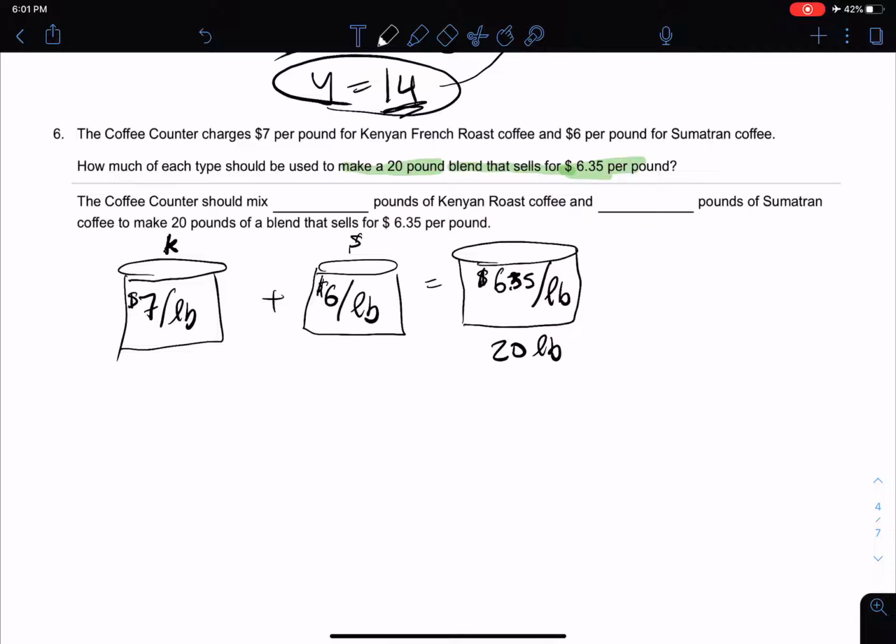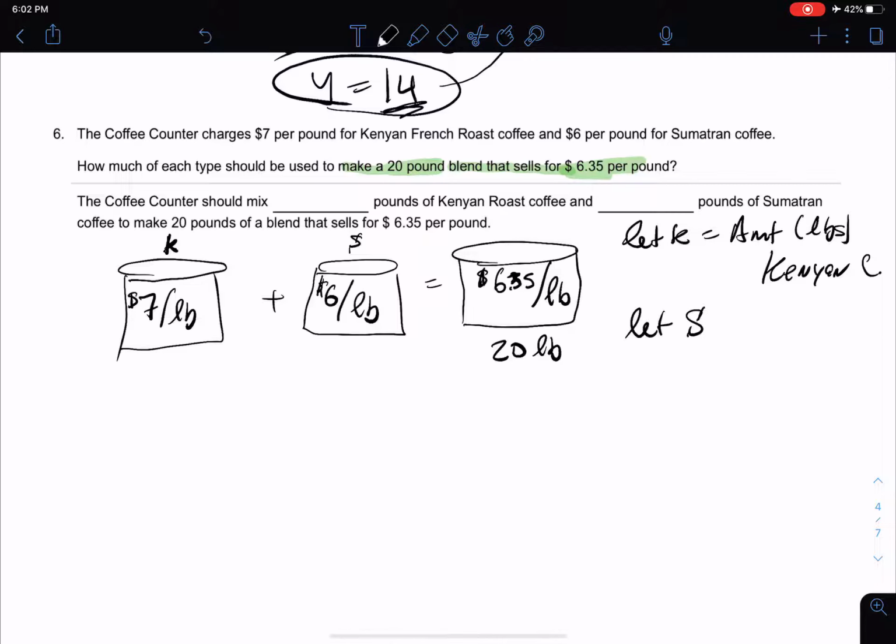So now we don't know how many pounds are needed for the Kenyan coffee. So I'm going to say let K equal the amount, measured in pounds, of the Kenyan coffee, and then let S equal the amount, measured in pounds, of the Sumatran coffee.